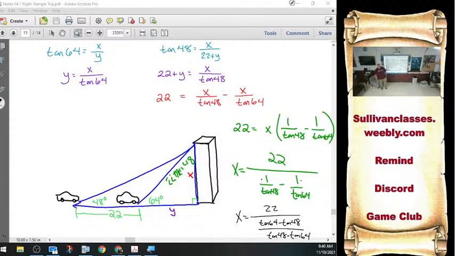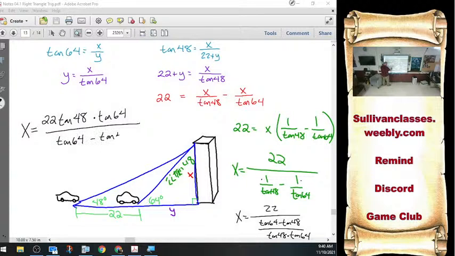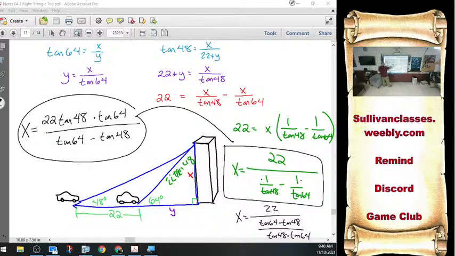And then dividing by fractions is easy as pie. So if you want to go all the way, technically, 22 tangent of 48 tangent of 64 over tangent of 64 minus tangent of 48. This was my answer, but that's my simplified answer.